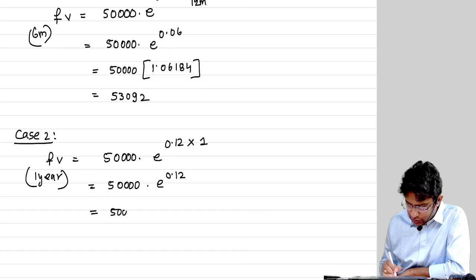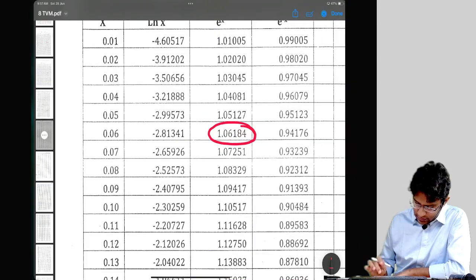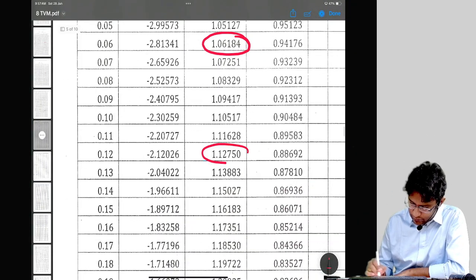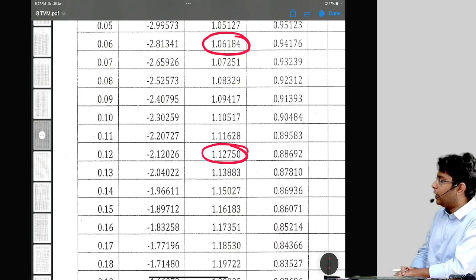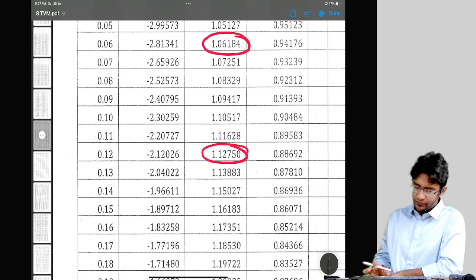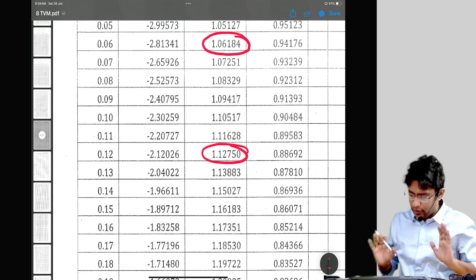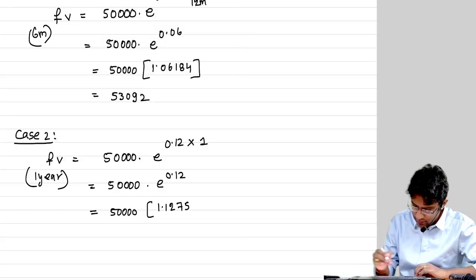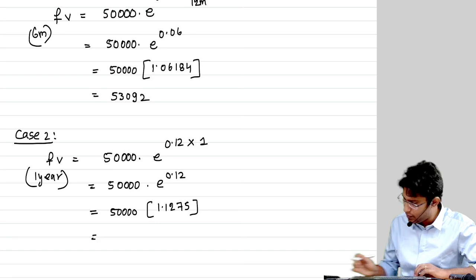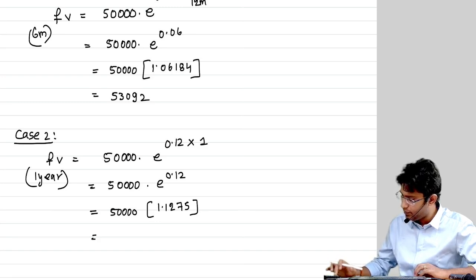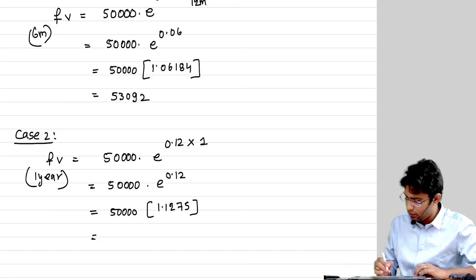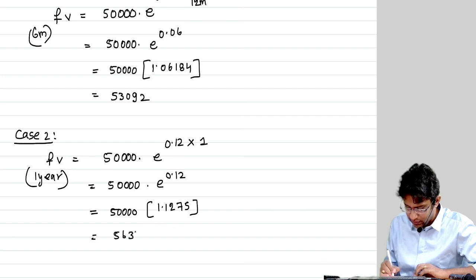So 50,000 into 1.1275. Let's see, table. 1.1275. You can see the tables here, you can work out on your own, whatever is comfortable, do that. That's 56,375.